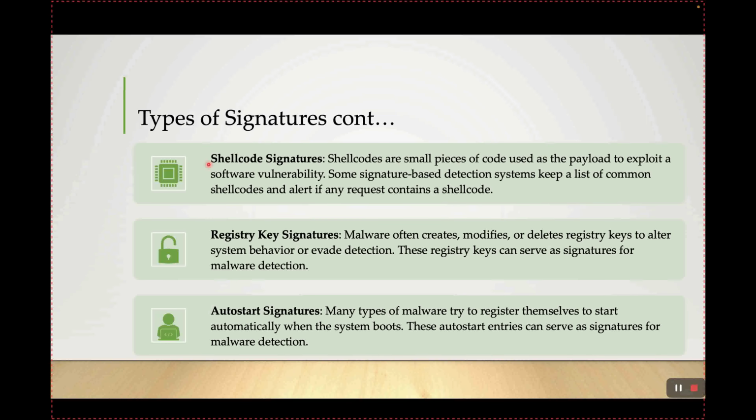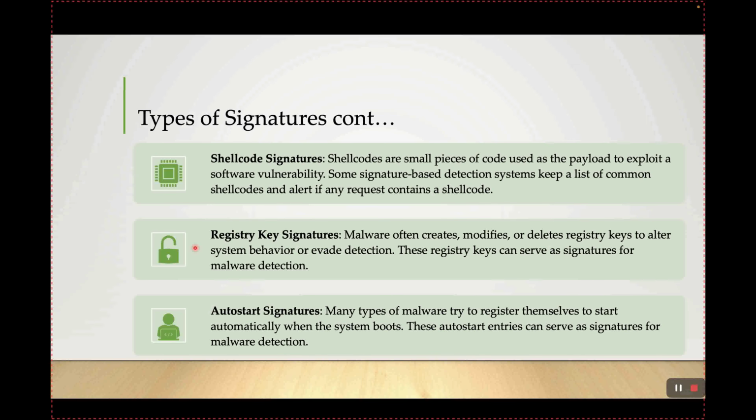Shell code signatures are small pieces of code used as the payload to exploit software vulnerabilities. Some of these signature-based detection systems keep a list of common shell codes and alert if any request contains a shell code.